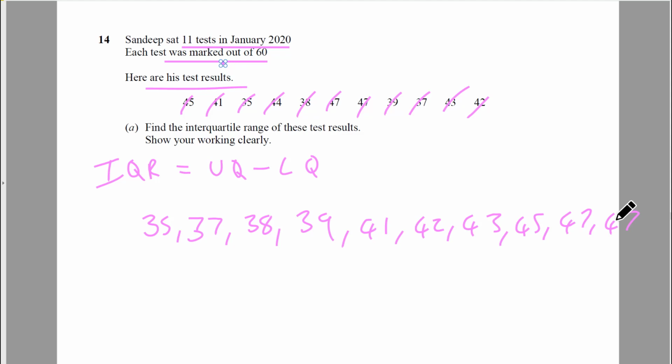So I missed out 44, haven't I? So this is what I mean. Easy to miss. So do that carefully. That would have cost me some unnecessary mark loss.